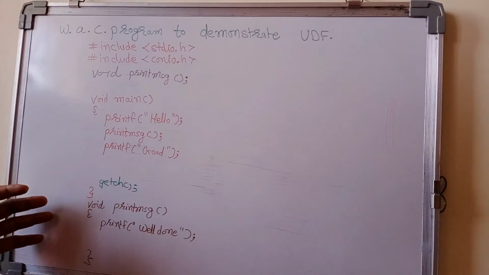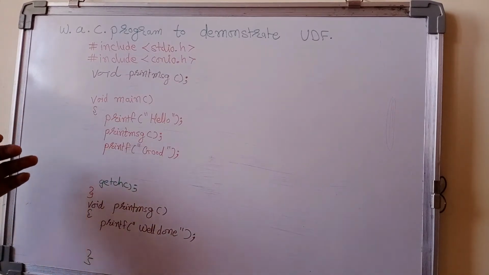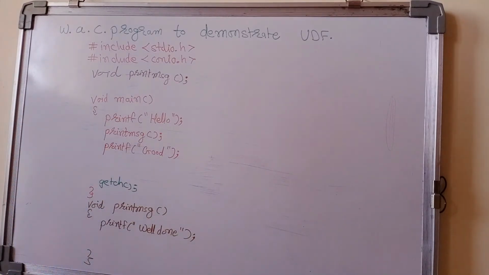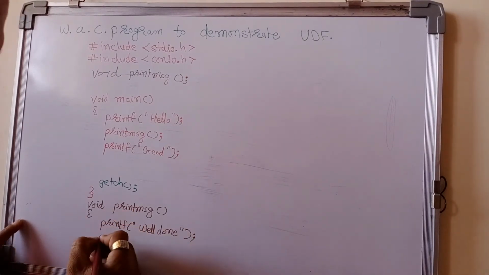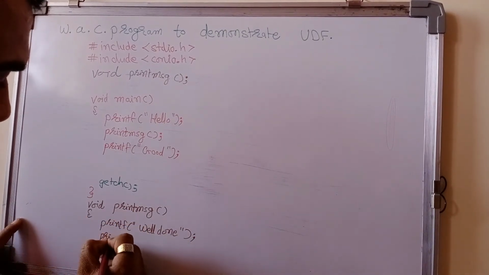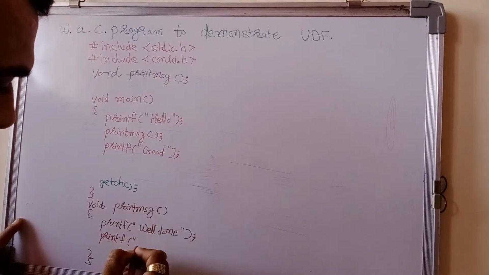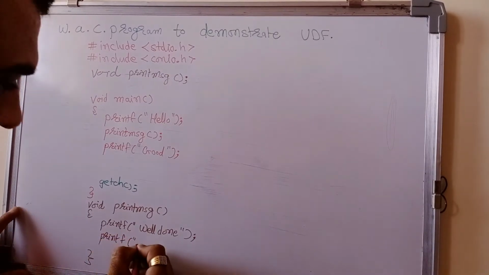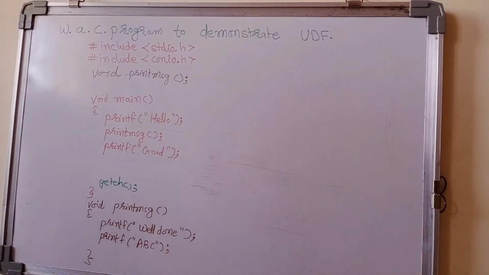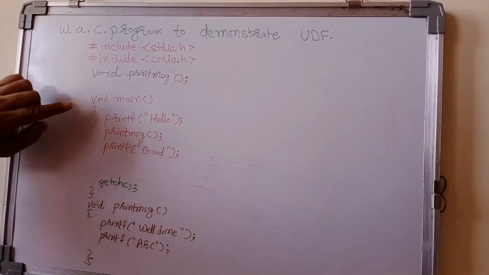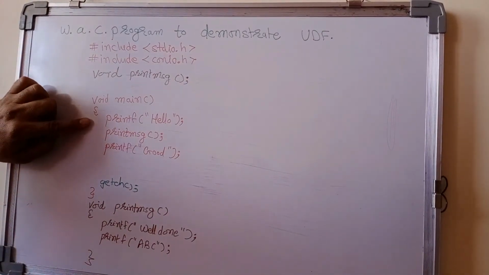Now let's change our program and find out what will be the output. Here I am writing one more statement in the function definition. Printf ABC. Now, what will be the output of this program? Let's find out. As I said, program's execution will start from main itself.